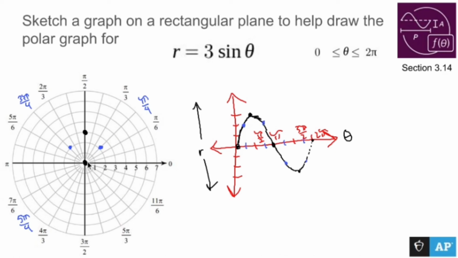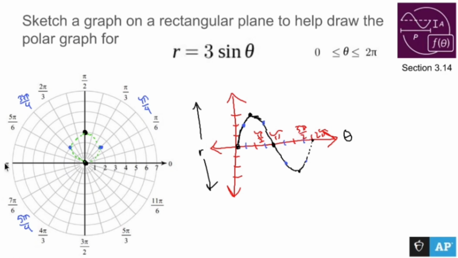Starting out at 0, 0 and spinning around this way, I can put these dots around here, and that gives me an idea. From 0 to pi, I go from 3 and back to 0.